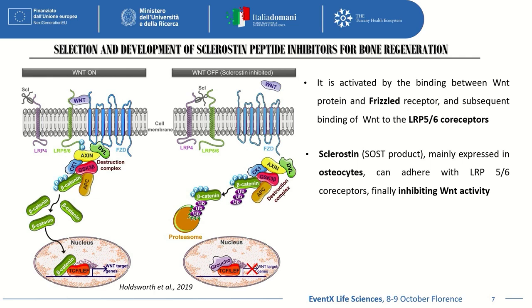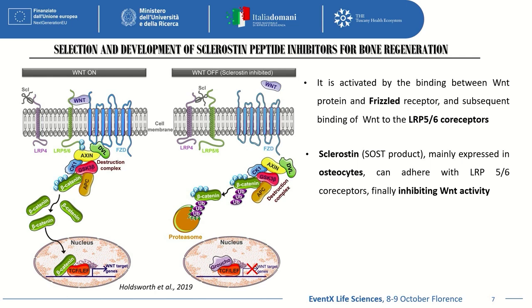So we wanted to see whether it was possible to select branched peptides, which can then be synthesized in a branched form, which we usually do in our laboratory. The target of our choice was sclerostin.